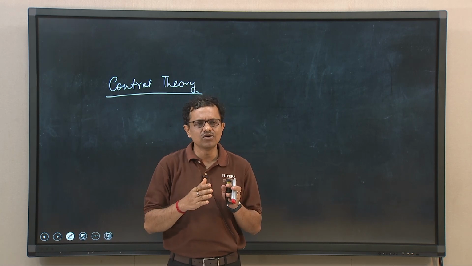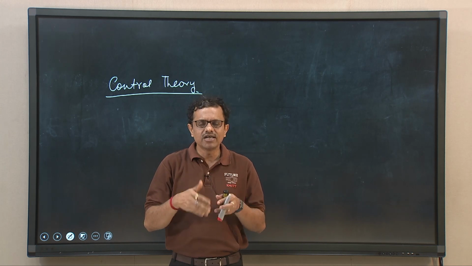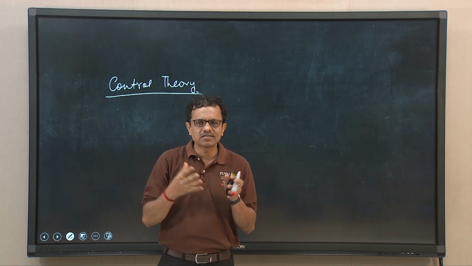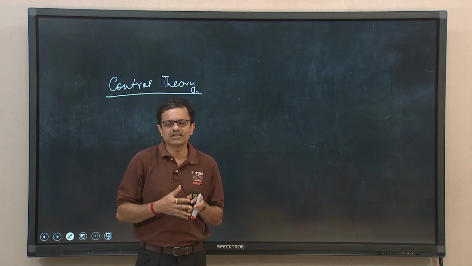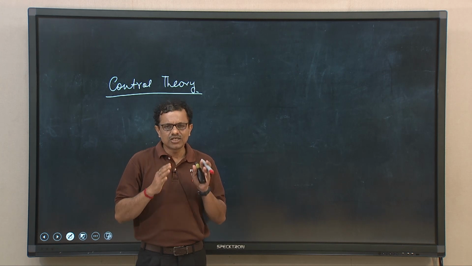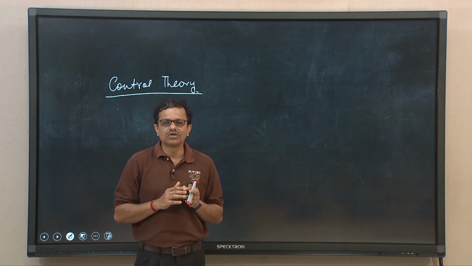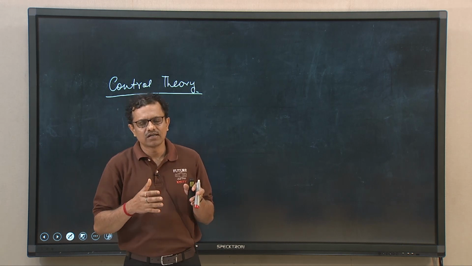Without respecting the understanding of control theory, nobody can design a control system. Whenever someone is trying to design a control system like an electronic control unit, it should be based on control theory. So, what is control theory, pertaining to the discussion we are having today?